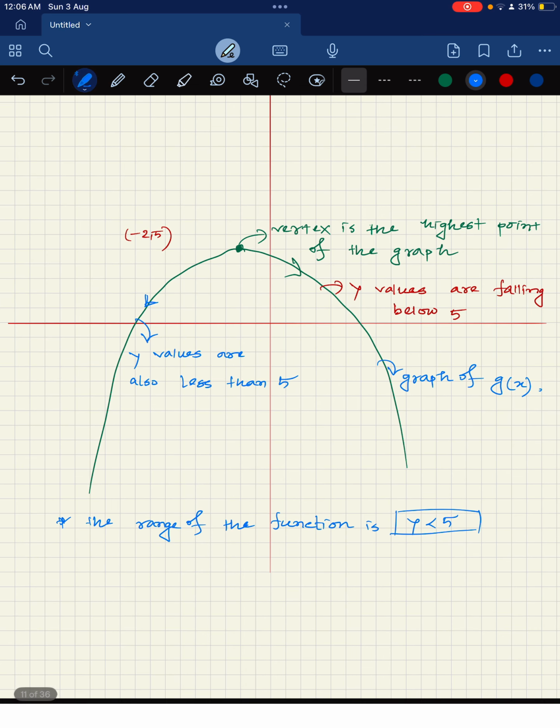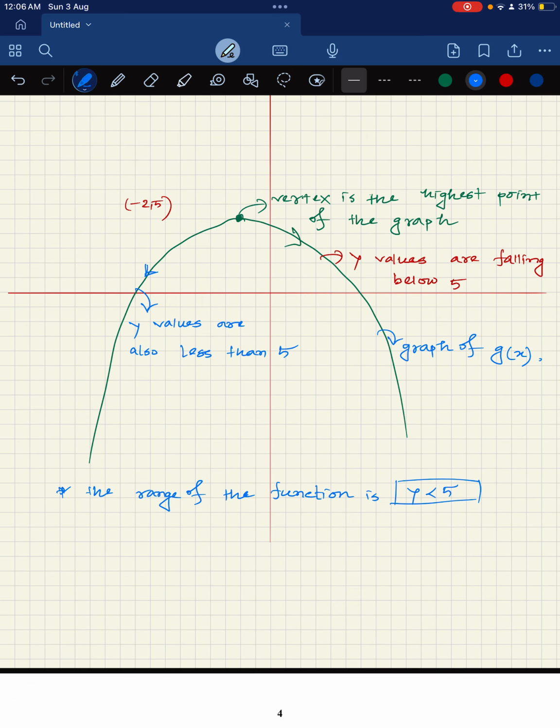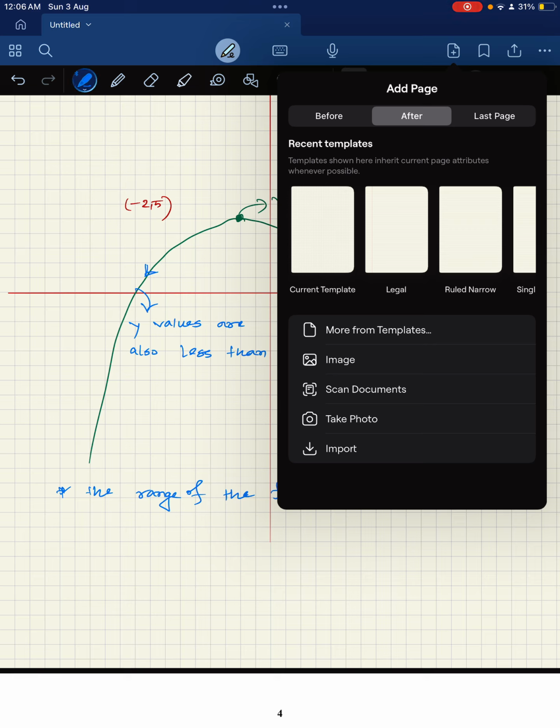Okay, in that graph, what does it mean by having an inverse? To have an inverse function, we need to fulfill a specific condition.